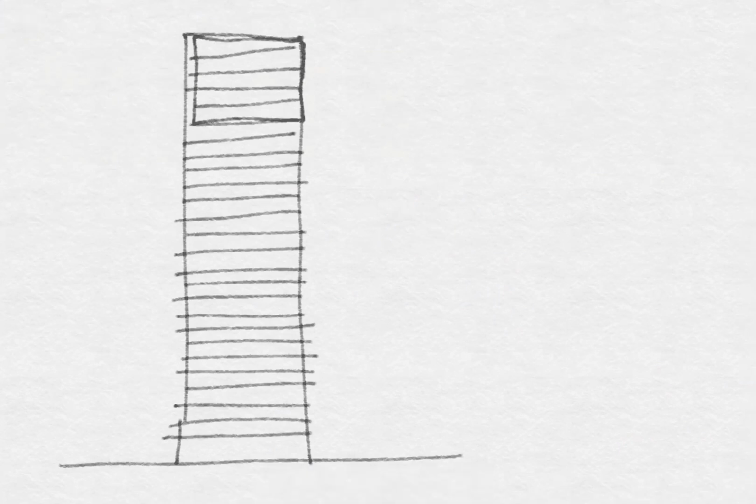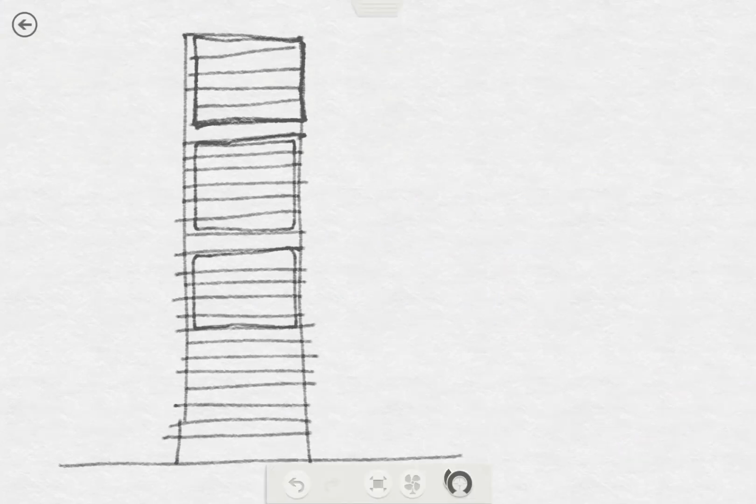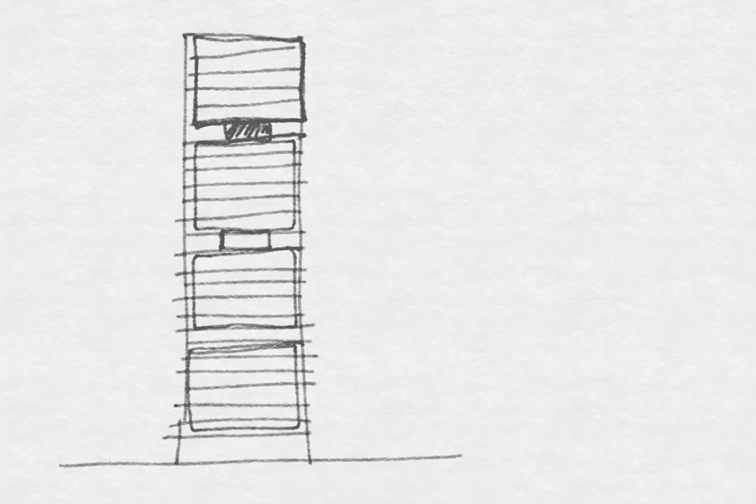So I'm working with this sector, then this sector, then this, and then that. And we have mechanical rooms, so we can have a mechanical room here, another mechanical room there, and another mechanical room there.